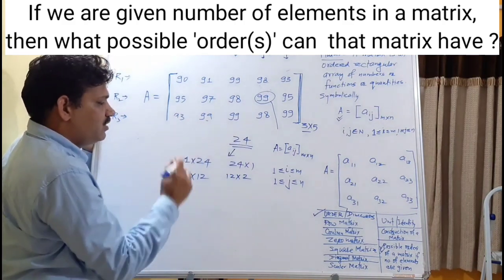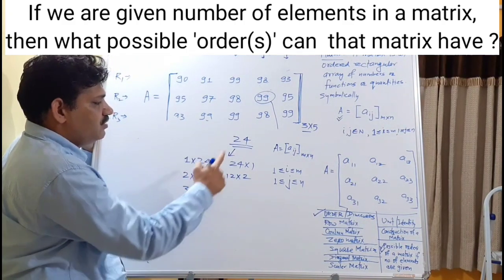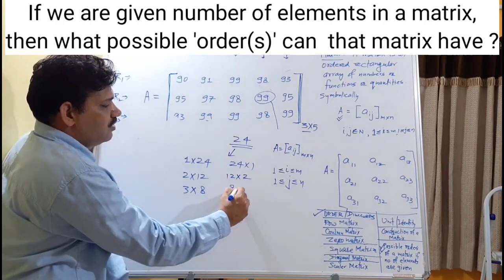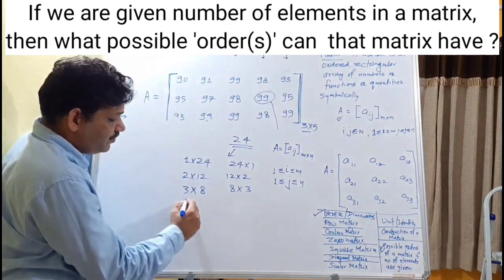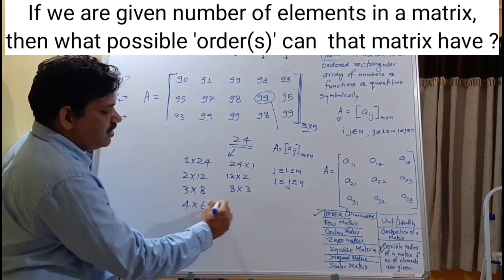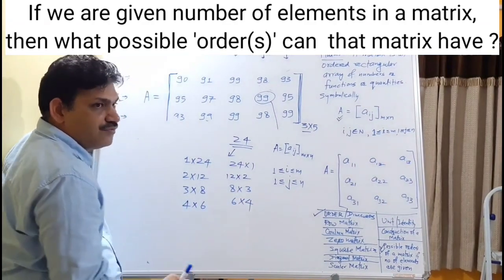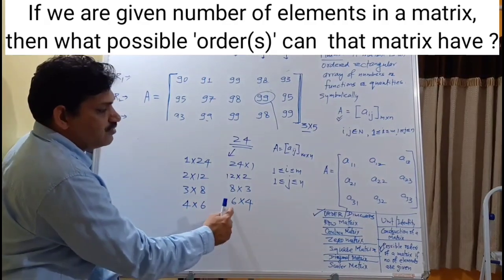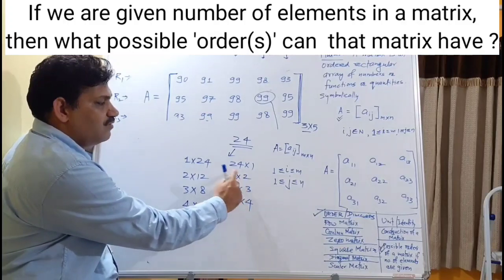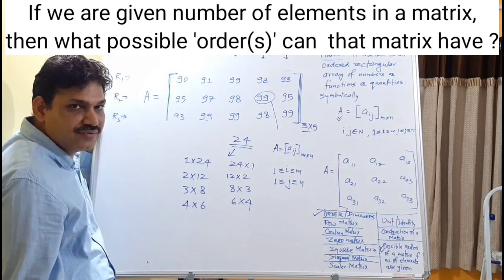It is divisible by 3, so 3 by 8 or 8 by 3. It's also divisible by 4, so 4 by 6, 6 by 4, and it's divisible by 6. Now the reverse orders, then again 8 by 3, 12 by 2 and 24 by 1.